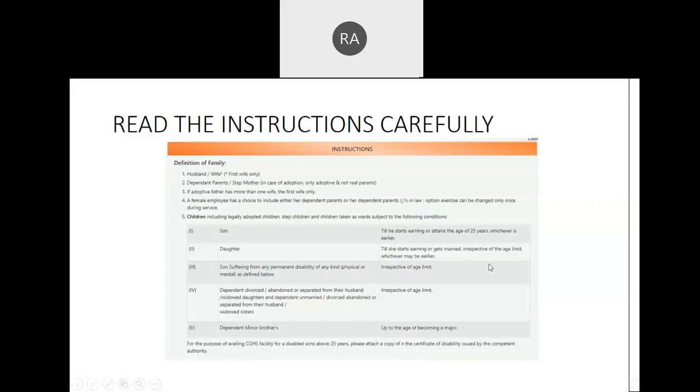After that, the page which will open will have the instructions. Please read the instructions carefully so that you can understand what is the definition of family, who are included, and especially the females have a choice to include either the dependent parents or dependent parents in law.